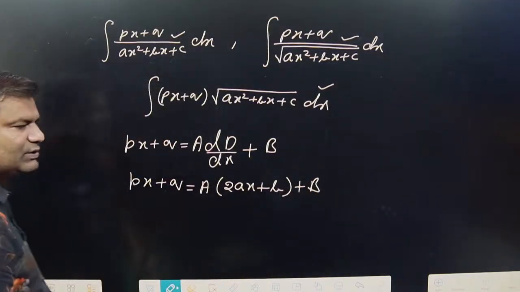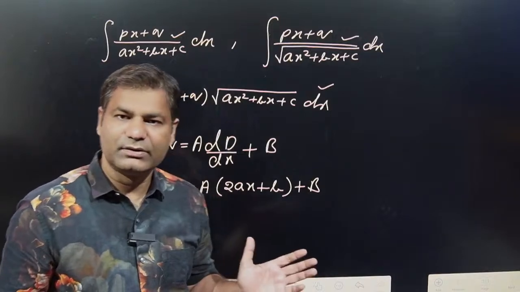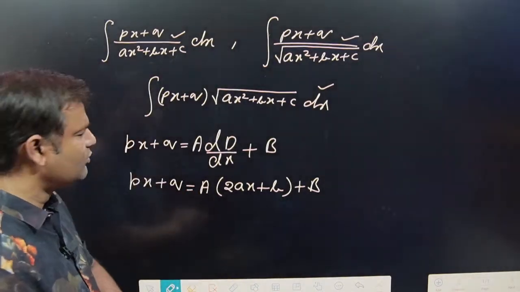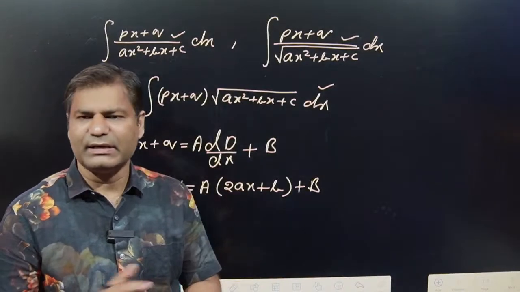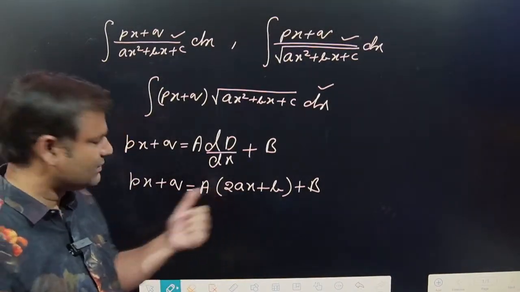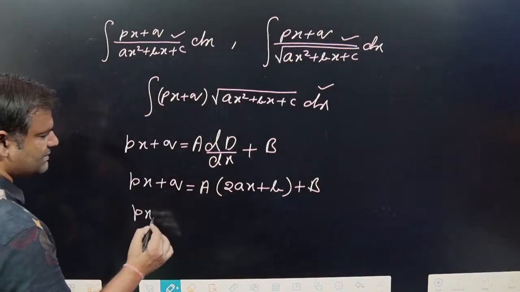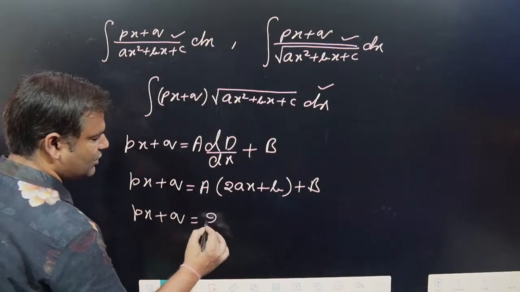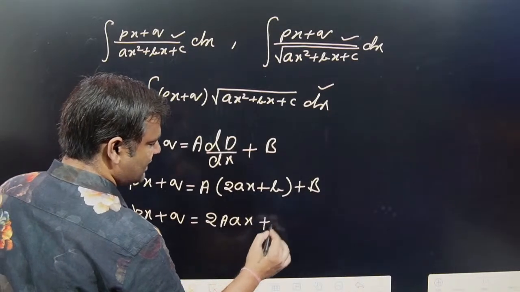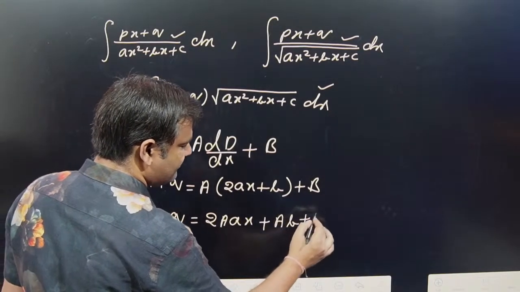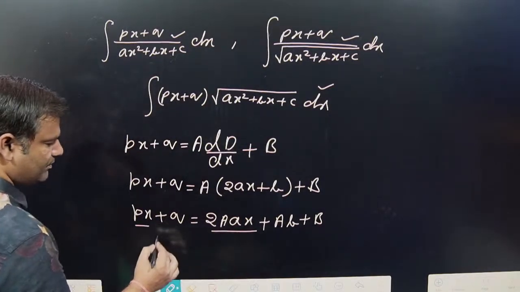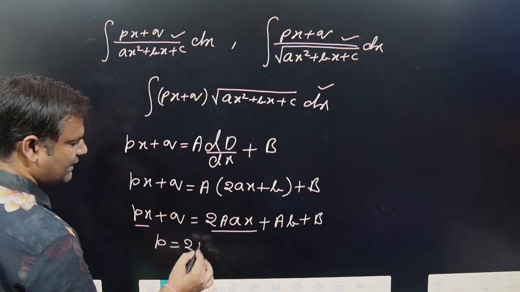After that, compare, and determine capital A and capital B in terms of P, Q and the corresponding a and b also. So basically here px plus q is written as 2 into capital A into x plus A into b plus capital B. Now compare: P is equal to 2A into small a.